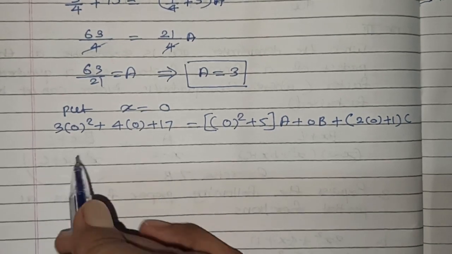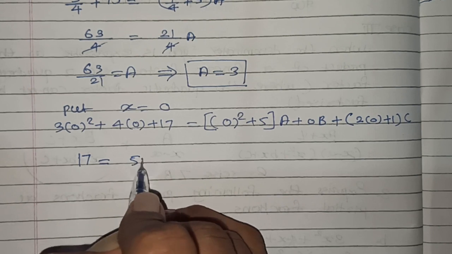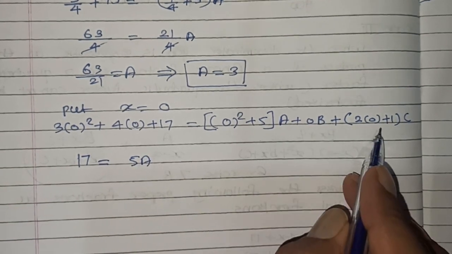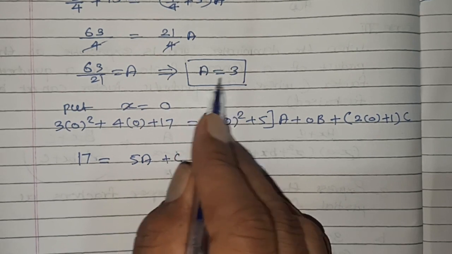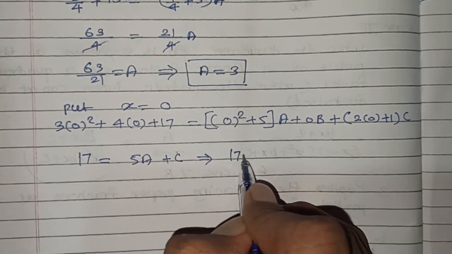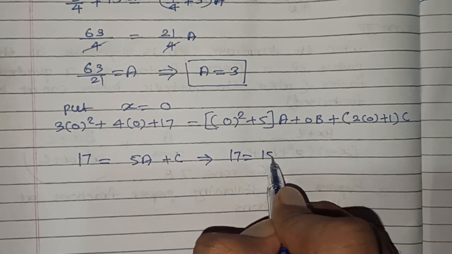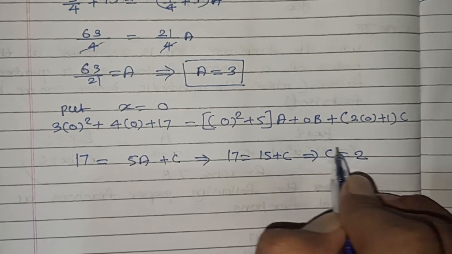Left hand side gives us 17 equal to right hand side gives us 5a, that becomes 0, and plus c. We have the value of a as 3, put here. So this goes 17 equal to 15 plus c, hence we get c equal to 2.